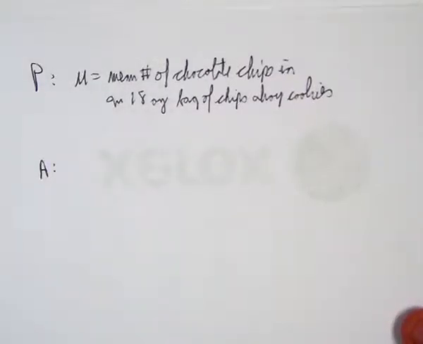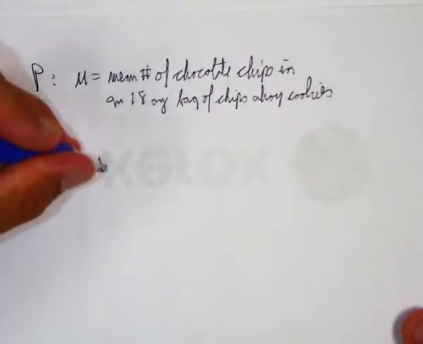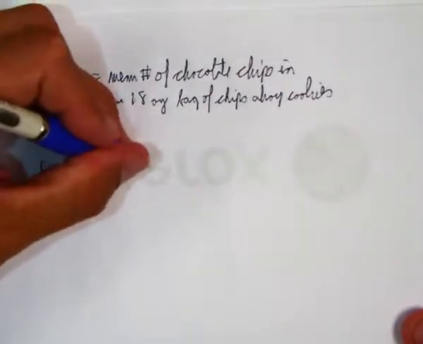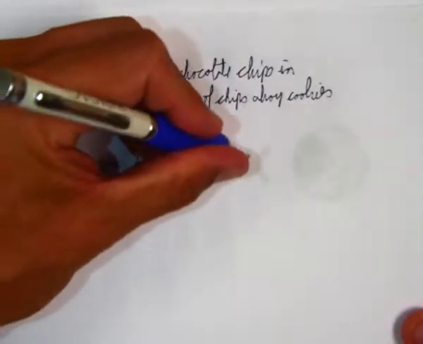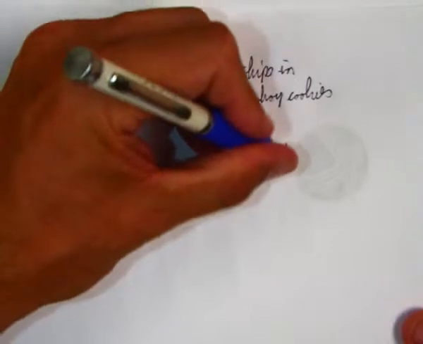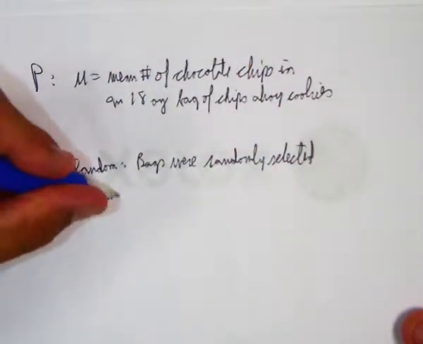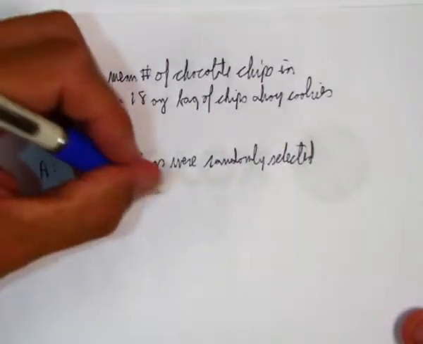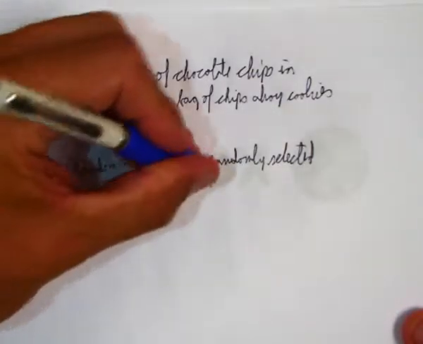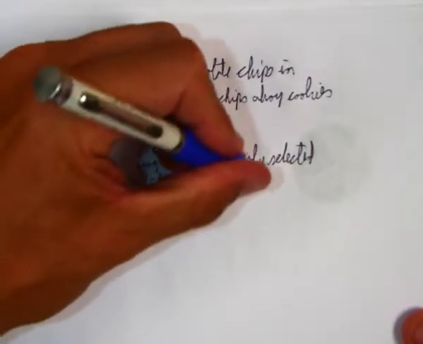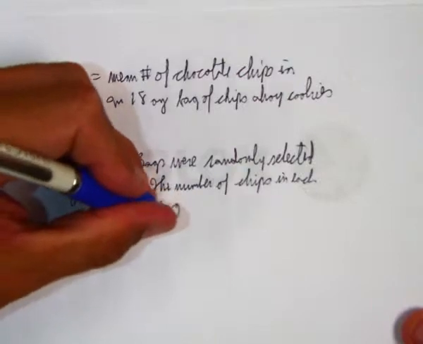We have to do assumptions. So random. Okay, the bags were randomly selected. Independent. Okay, the number of chips in each bag is independent.